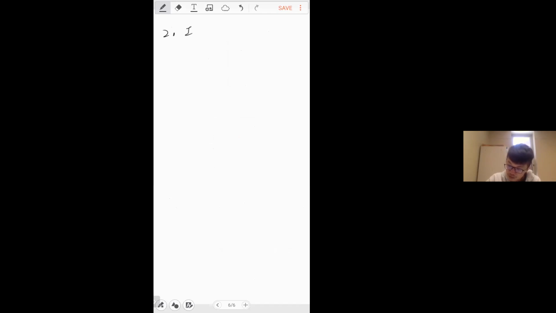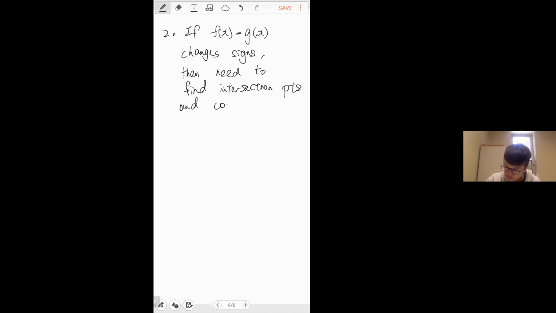Second situation, if f of x minus g of x changes sign, then we need to find intersection points and compute integrals separately.